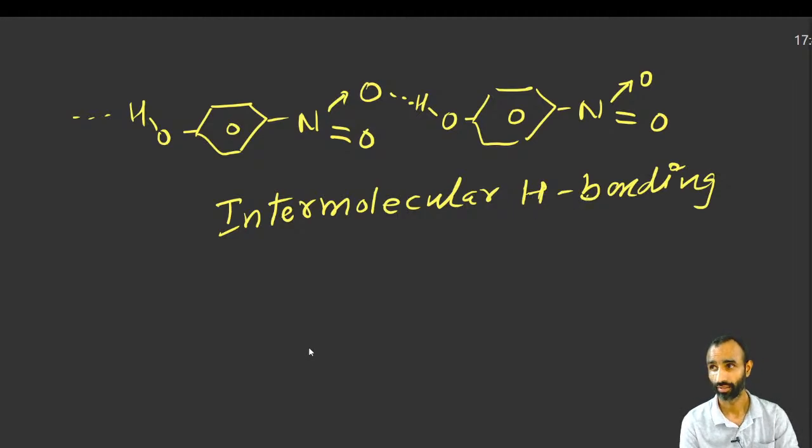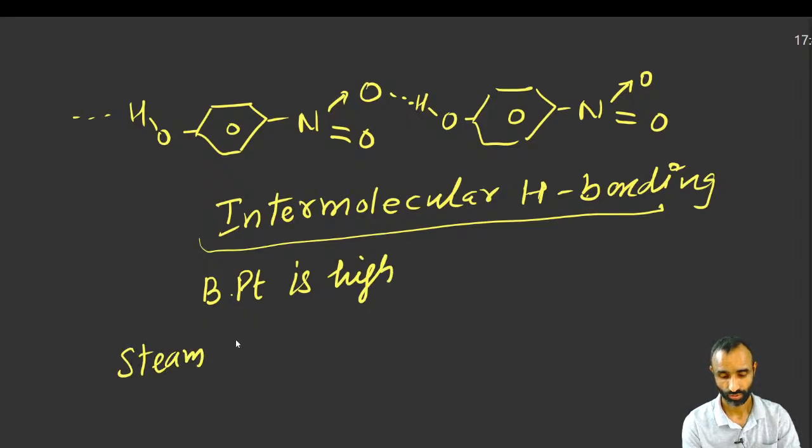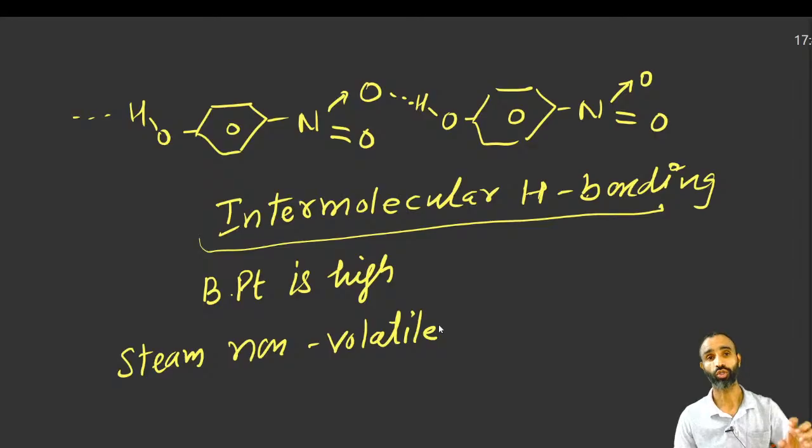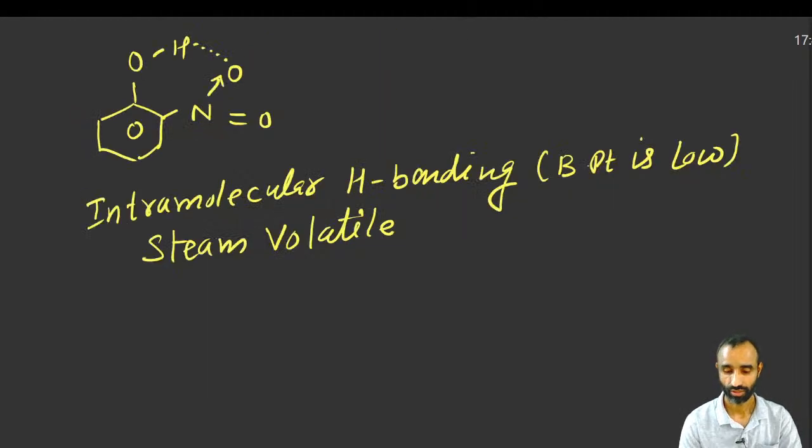Okay? So this intermolecular hydrogen bonding leads to high boiling point. Boiling point is high, and it is steam non-volatile. So we can separate orthonitrophenol from paranitrophenol by steam distillation.